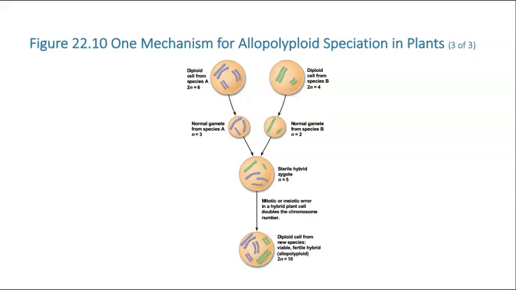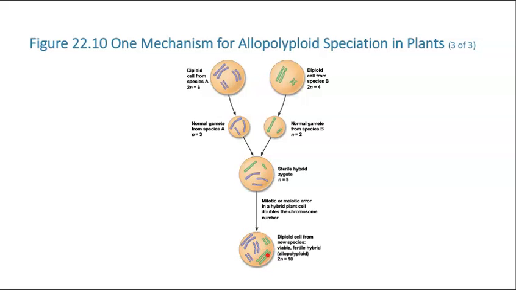So in this case, the sterile hybrid is going to have a mitotic or meiotic error where it goes through prophase, metaphase, anaphase, telophase, right? But no cytokinesis. And if that happens, then each one of these makes its own copy. It makes its own homologue.